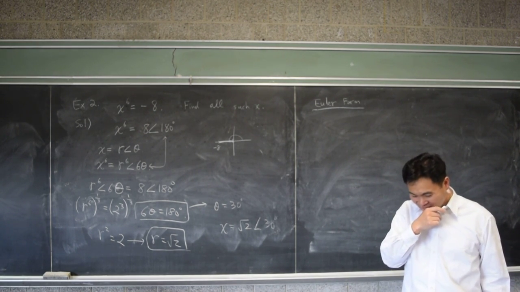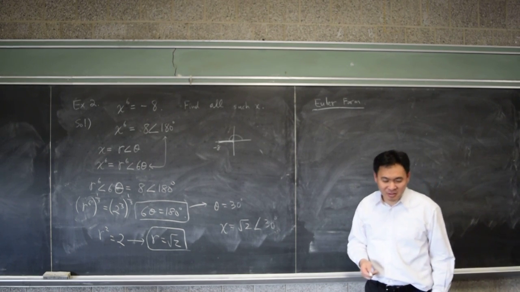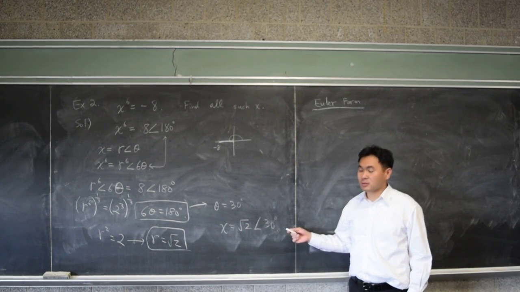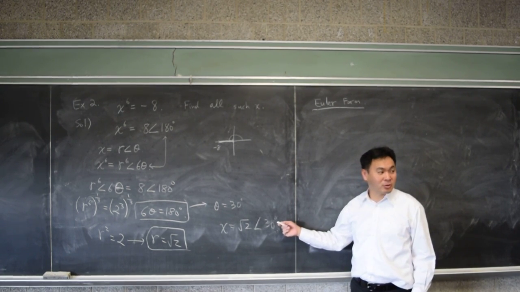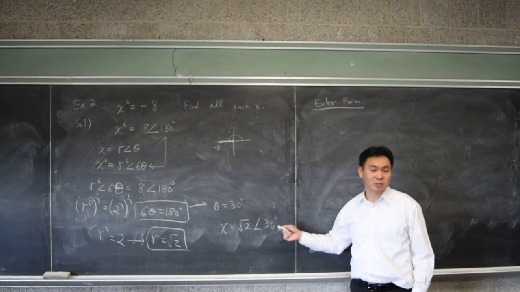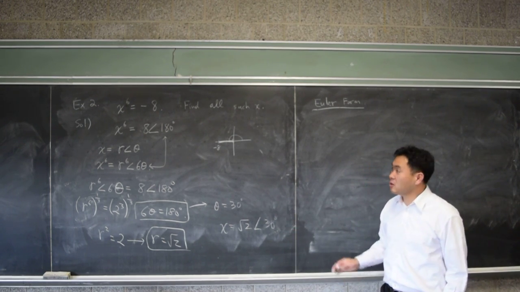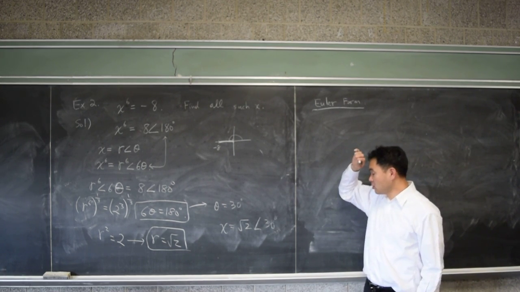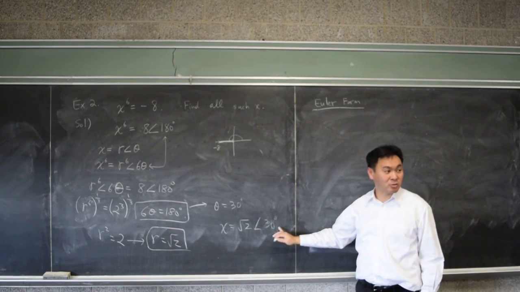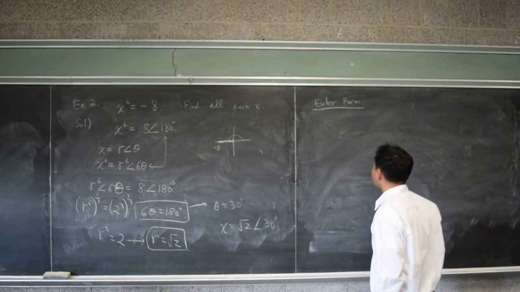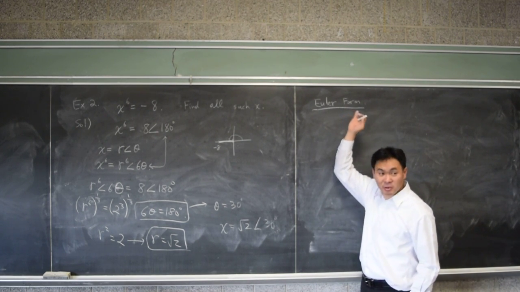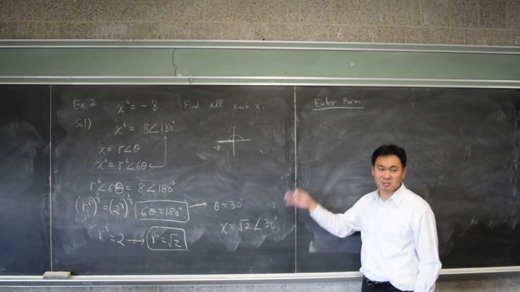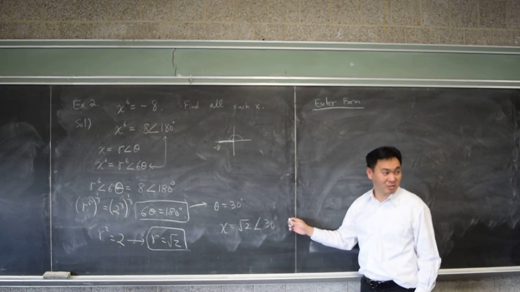I mean, I guess it's not totally wrong to use degrees, but degrees is not good for calculus. There's some reasons for that. So whenever you're using the Euler form, you want to convert everything into radians. See, Euler form came from calculus, and therefore, for some reasons that I don't want to explain too much, you want to write it in radians.